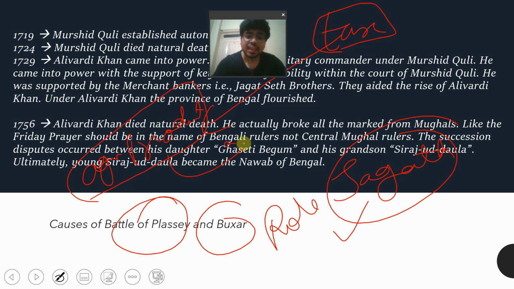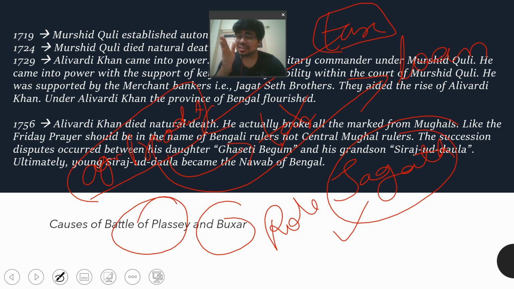If they are unable to pay taxes, the king will still ask for the tax. You have to pay the tax. I don't care whether the monsoon was good or bad, I want my tax. That was the case. In that scenario, these farmers would go to the merchant bankers and take loans from them.